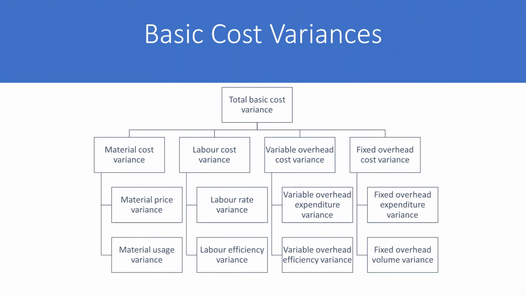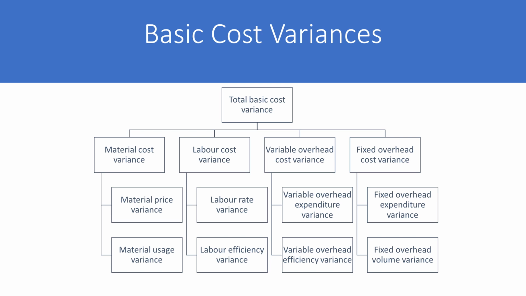So these are the basic cost variances. If you see this diagram, it shows the total basic cost variance: we have material cost variance, labor cost variance, variable overhead cost variance, and fixed overhead cost variance. To calculate the material cost variance, you can look into the material price variance and material usage variance.